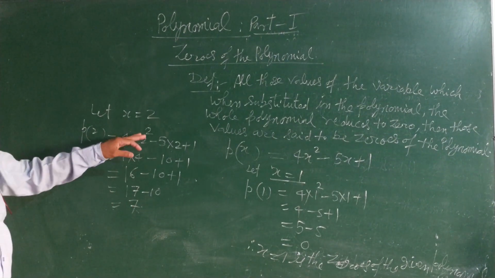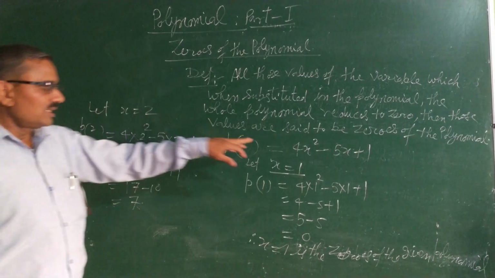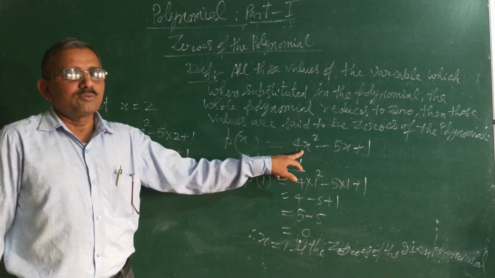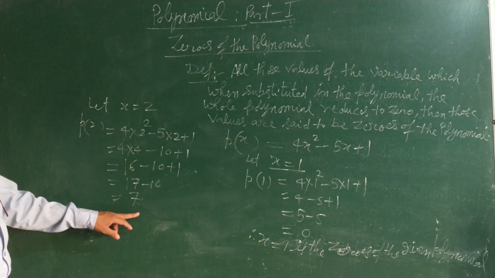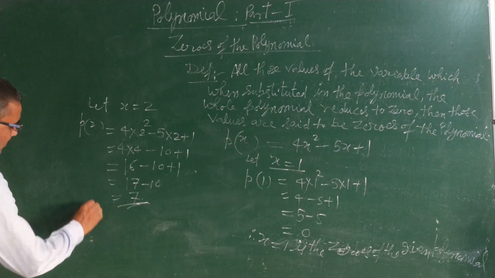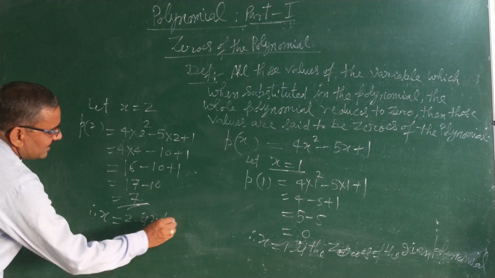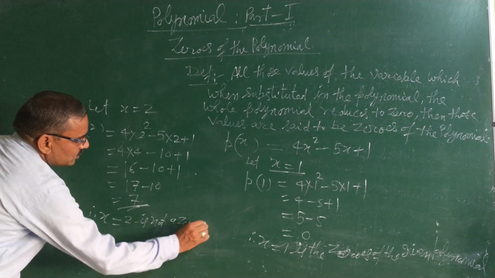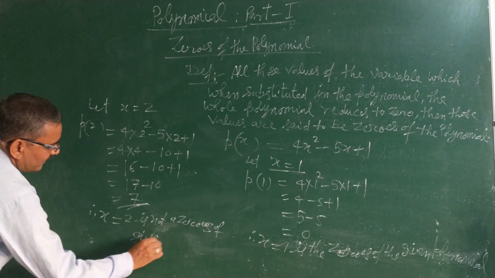Here the value of x is equal to 2 is substituted in the polynomial 4x square minus 5x plus 1. Now the resulting value is 7. Here the result is not 0. Therefore x is equal to 2 is not a zero of the given polynomial.